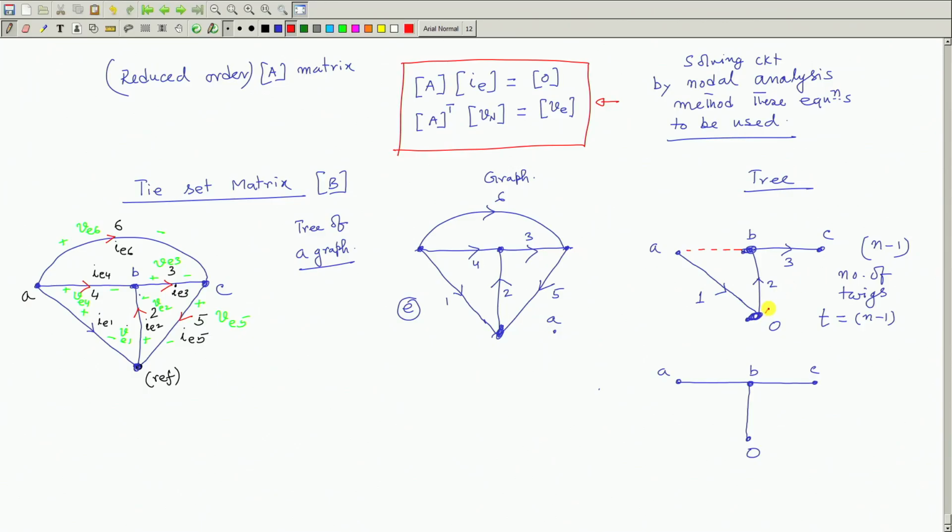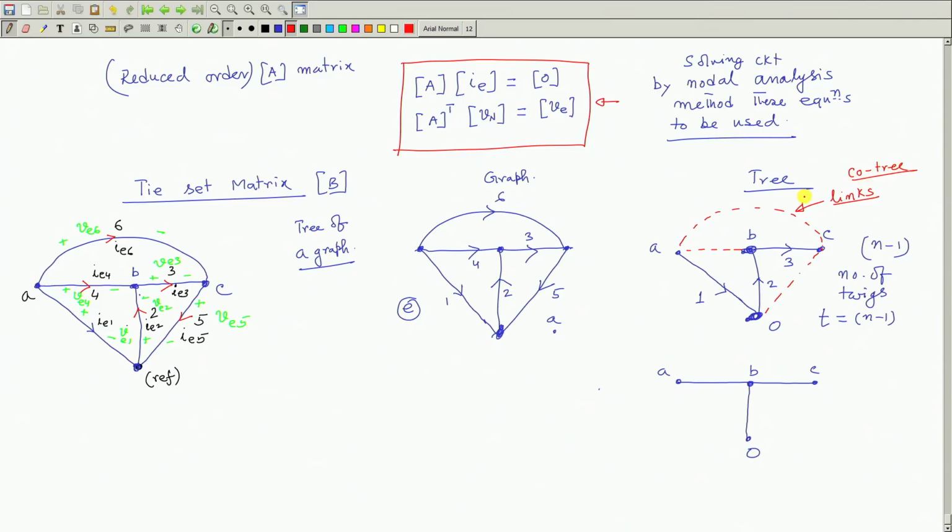Another 3 were there, so the total number of branches was 6. These 3 red dotted lines are called links. So, this is the tree and this red one is called the cotree.